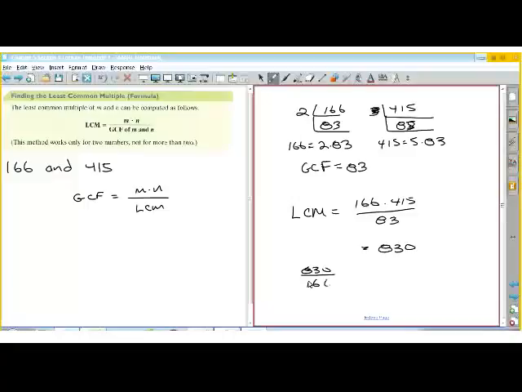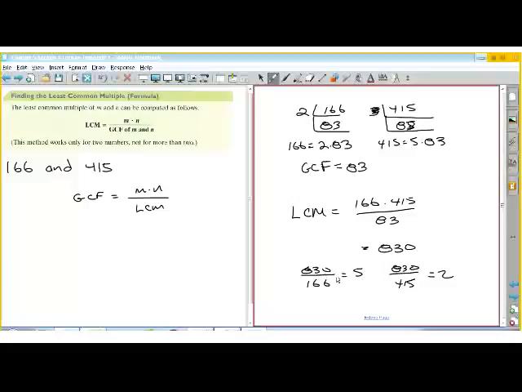And you can see if you take 830 divided by 166, you get 5. And if you take 830 divided by 415, you get 2.